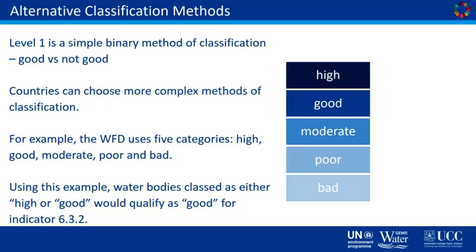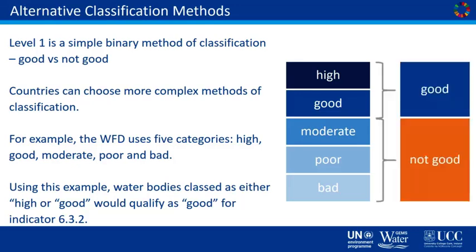This does not change the actual indicator score, but helps to categorise the water bodies based on their status. For example, the EU's Water Framework Directive uses 5 categories: high, good, moderate, poor and bad. And using this example, water bodies classified as either high or good would qualify as good for indicator 6.3.2.